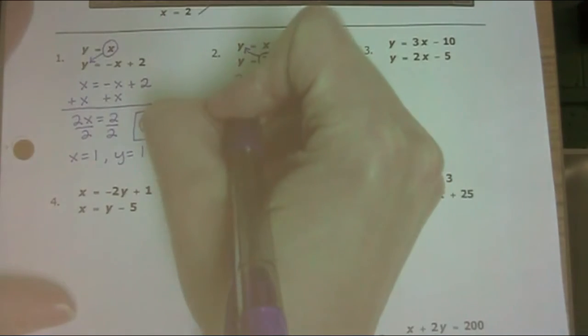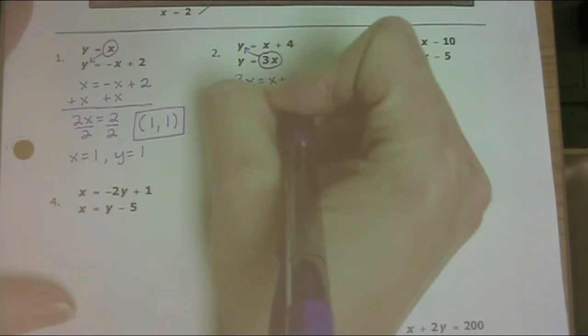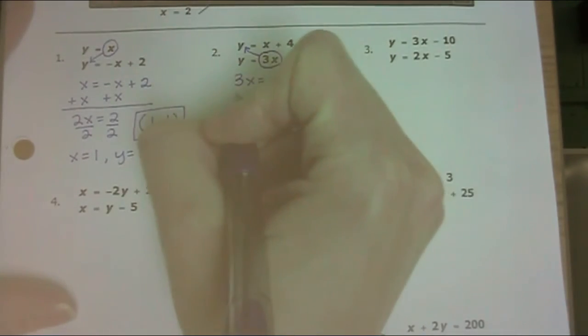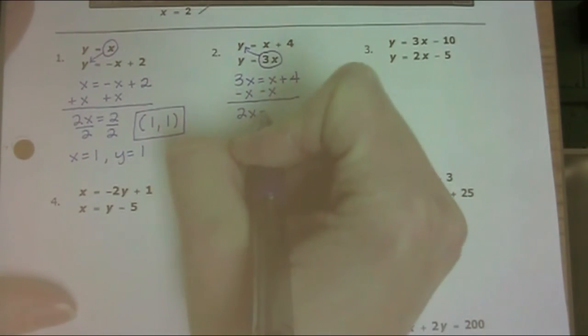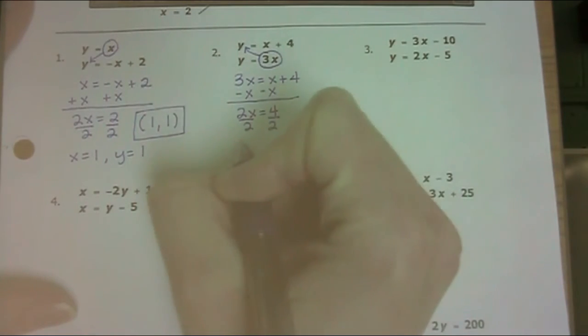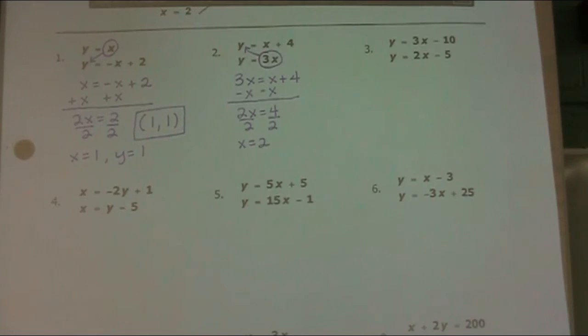So I get 3x equals x plus 4. Get all my x's on one side, so subtract x on both sides. And I have 2x equals 4. Divide both sides by 2, and I get x equals 2. Now, I've got to go back to one or the other of these two equations, and it doesn't matter which.